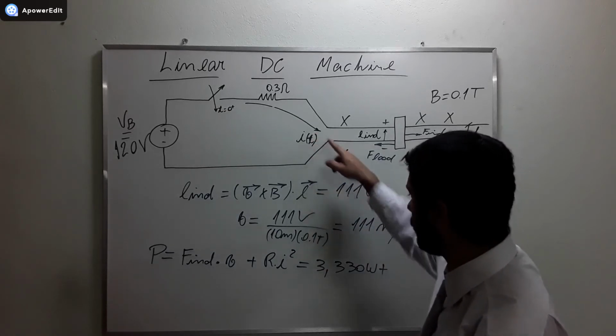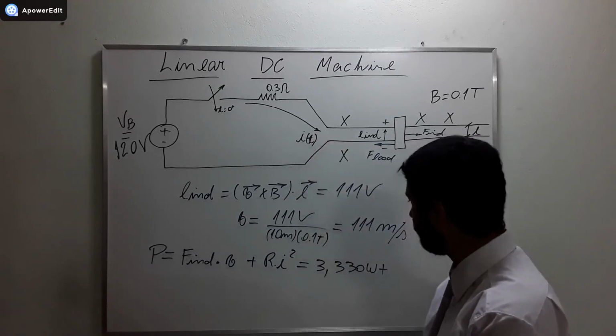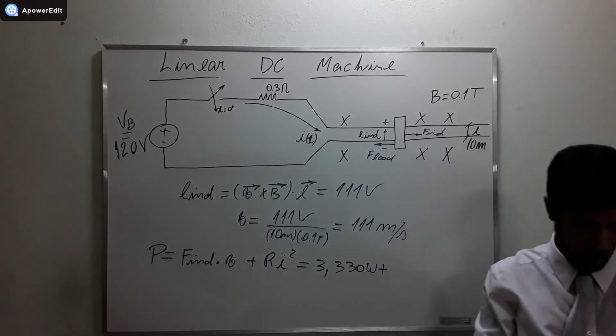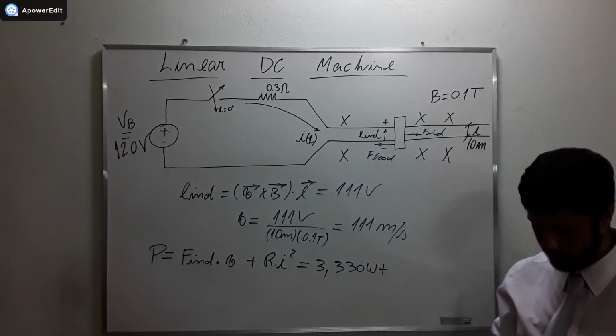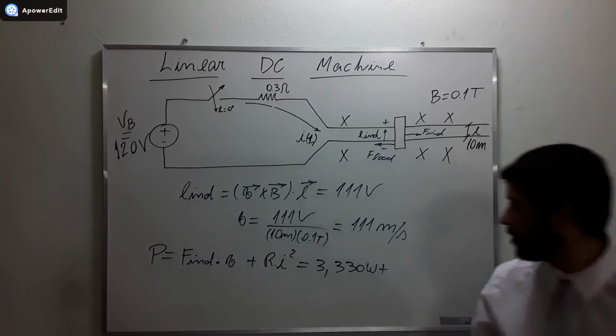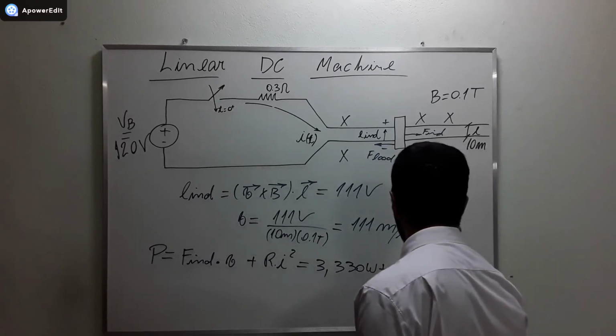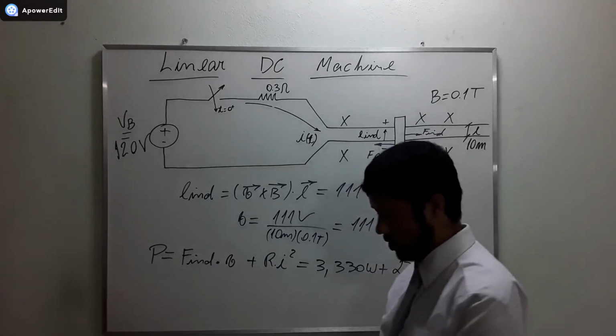We found the value of the current to be 30 squared times 0.3, okay? So it's 270 watts, okay?